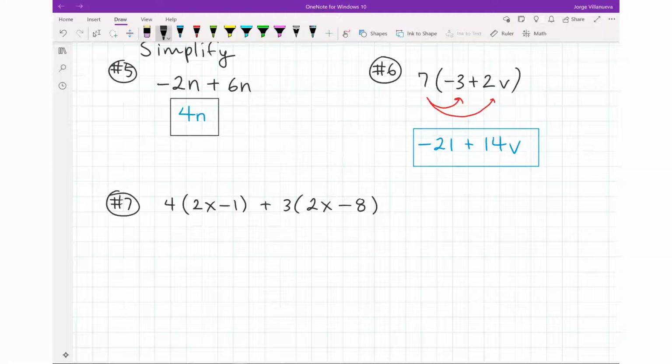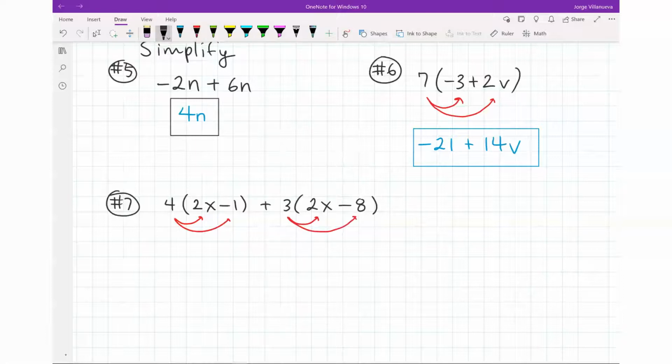More letters, more distribution, more numbers in general. So yeah, it's going to take us a little bit longer to do. So remember, this is distribution. Now we're doing it twice, so dual distribution here. So little by little, just take your time.